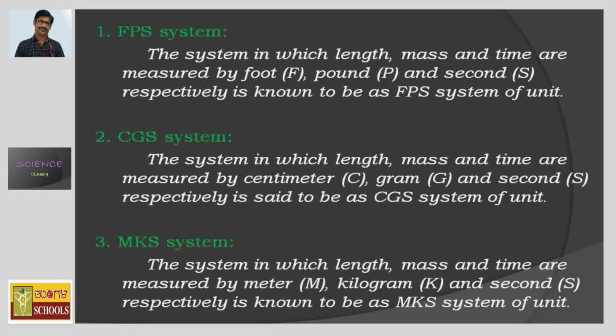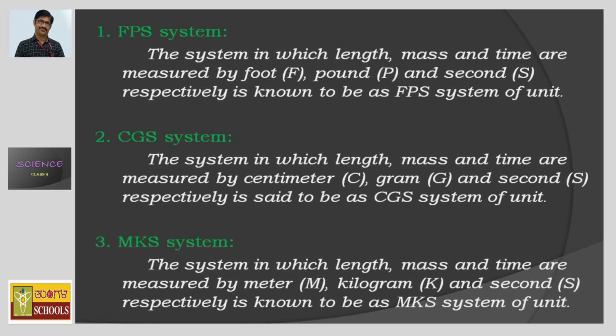Second one is the CGS system. CGS means centimeter, gram, second. The system in which length, mass and time are measured by centimeter, gram and second respectively is said to be the CGS system of units.